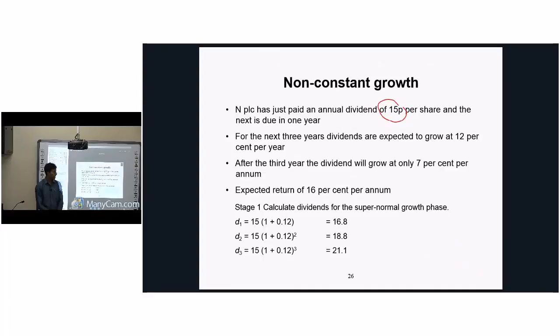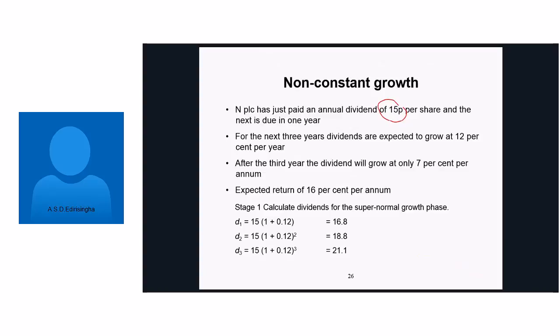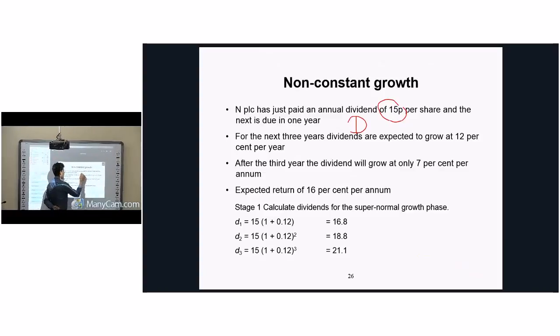As I told you, companies will not grow in the same way. Some years they will not have dividends, some years they will have high dividend growth rates, some years less. So in this situation, today D0 is 15 pence per share, and for the next 3 years it grows at 12% per annum. After that it's going to be 7%.